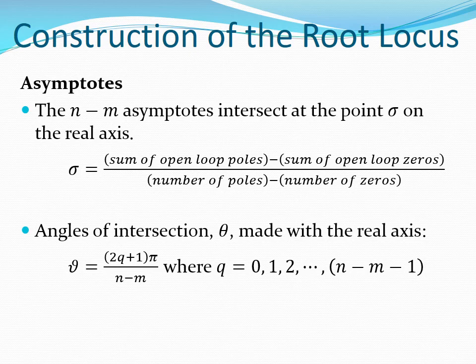The angles that the asymptotes make with the real axis are given by theta equals (2q plus 1) pi divided by n minus m. n is the number of open loop poles, m is the number of open loop zeros, and q is an integer that ranges from 0 up to n minus m minus 1.